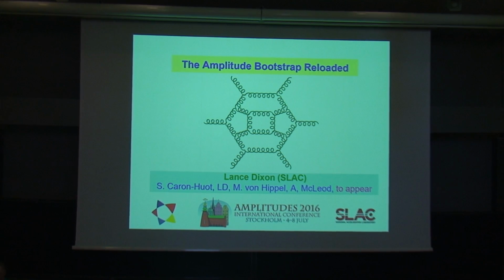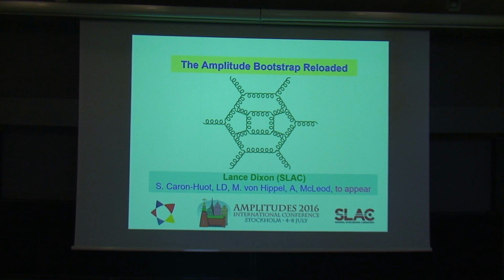Good to be back. So I wanted to tell you about a program for determining amplitudes in planar N=4 super-Yang-Mills with as little detailed information as possible. Although this represents one of the millions of Feynman diagrams that you would need to do the 6 gluon amplitude at 5 loops, that's the last Feynman diagram you're going to see in this talk.